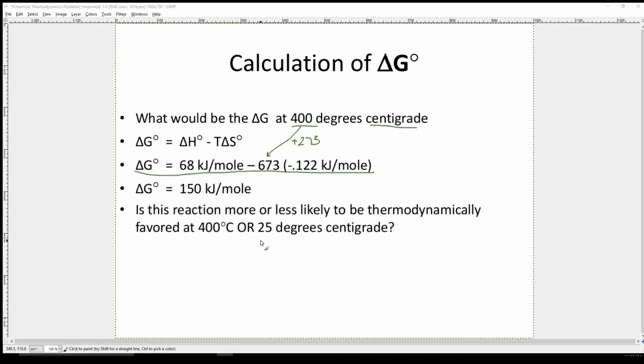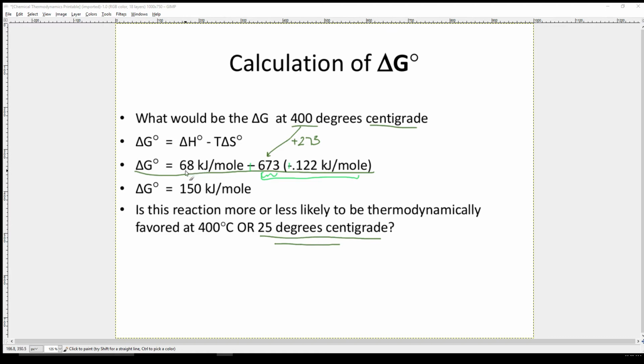Well, what if we compared it to the same reaction but at 25 degrees centigrade? You've got to imagine that this is a much, much smaller number, so this whole chunk becomes a whole lot smaller. We were subtracting a negative either way, so it'll become positive.